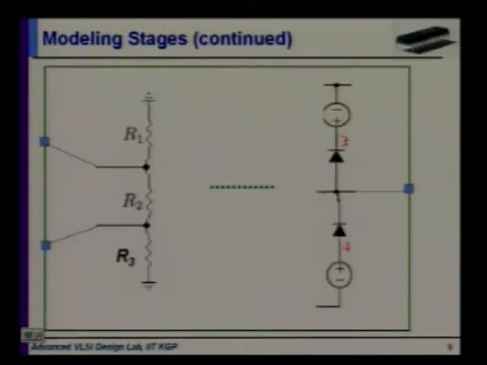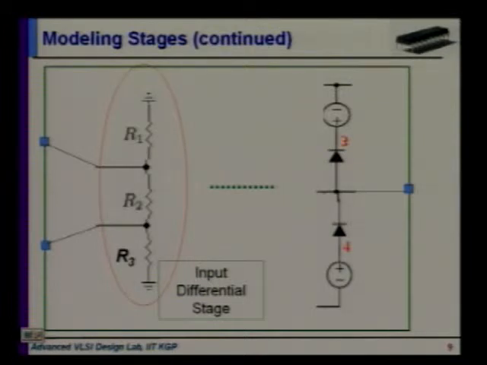Another stage is your input differential stage. If you look from the input stage, from the inverting and non-inverting terminals of the op amp, you will see a high impedance between these two terminals. That is the differential mode impedance, and the impedance from each terminal to ground is the common mode impedance. You can approximately model it by using resistors.